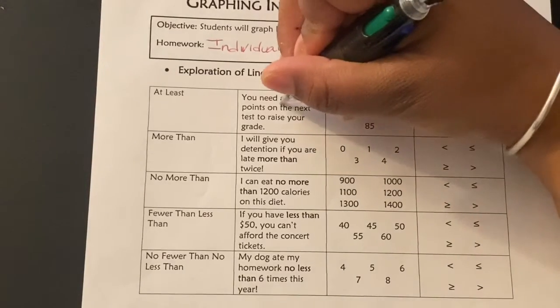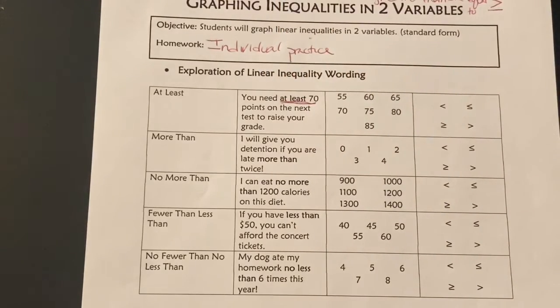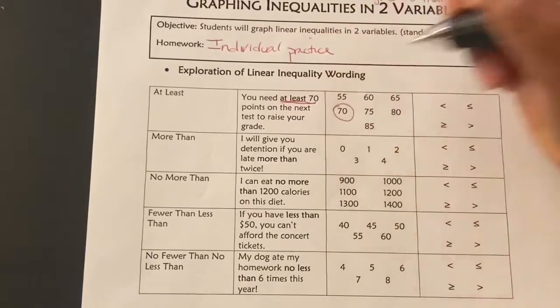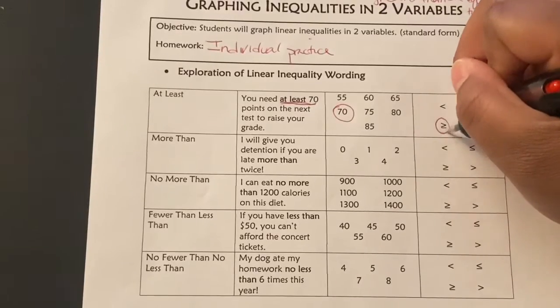At least means the lowest amount you can have is 70 points. That means the amount you have to have has to be greater than or equal to 70 points. You can have 70 points, but you have to have that or more in order to raise your grade. So your number would be 70, and your inequality would be greater than or equal to.